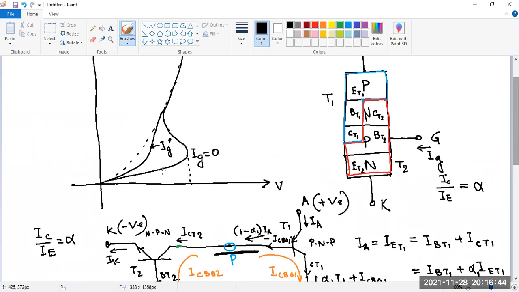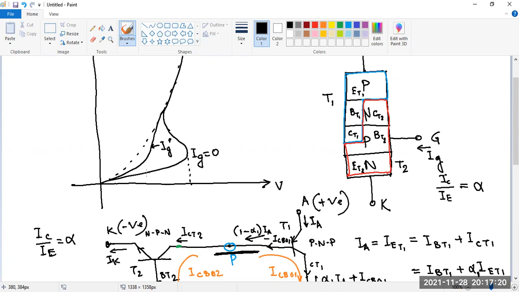And you have to allow the gate current before it reaches a certain value, before alpha 1 plus alpha 2 reaches very near to unity. Am I right? That means I have to allow the gate current until alpha 1 plus alpha 2 reaches very close to unity, isn't it?